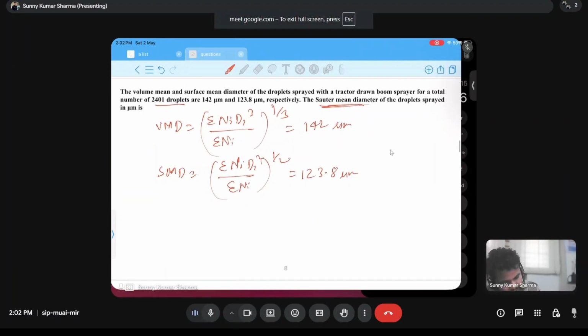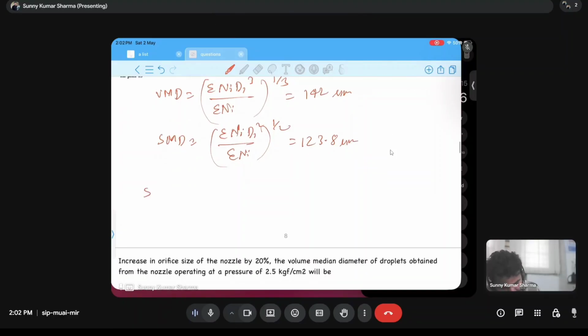We know what the sauter mean diameter is. It is sigma ni di cube by sigma ni di square.